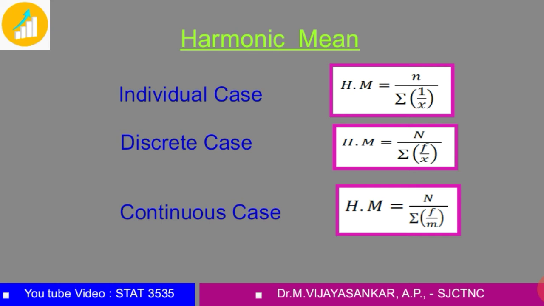The discrete case harmonic mean formula is capital N divided by summation of f by x, and the continuous case harmonic mean formula is capital N divided by summation of f by m. Here f is the frequency, x is the variable, small m is the middle value, capital N is the sum of all the frequency values and small n is the total number of observations. Using these three different formulas, we are going to calculate our harmonic mean result.